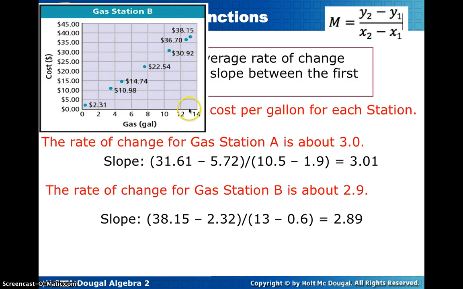And I chose 13 kind of right in the middle here. And then for this one, I chose the x value of 0.6. So just estimating that. I was like, okay, half of this would be 1, about right there, and then half of that again would be a half. And I was like, okay, maybe 0.6 is a good estimate. And so I got the rate of change to be 2.9, which means that the cost is less at gas station B, which is the answer to our question.